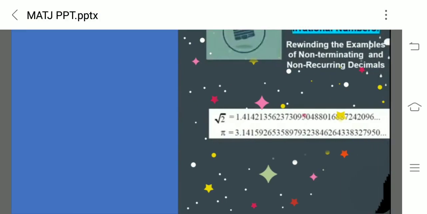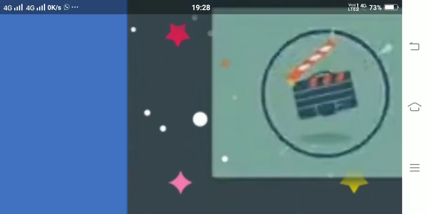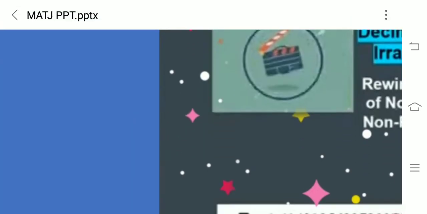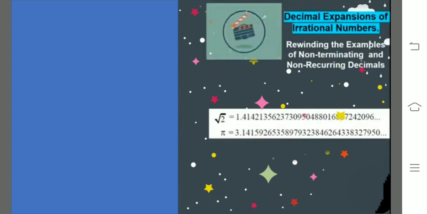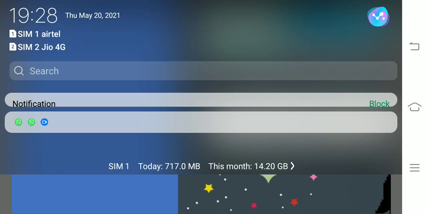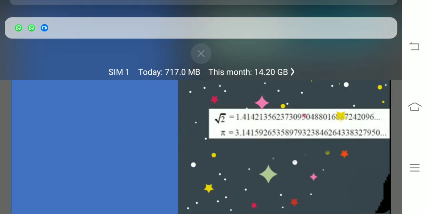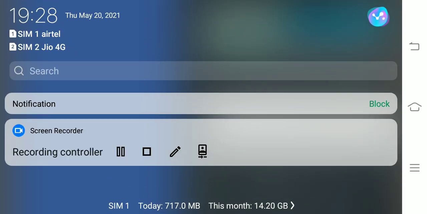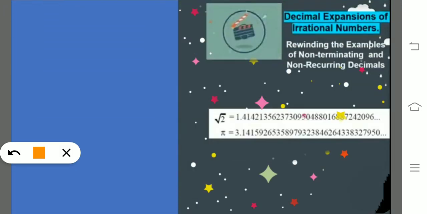Decimal expansion of an irrational number. What do we mean by irrational numbers? They are those which are not in the form of p by q. Examples are root 2 and pi. Pi doesn't have an exact value.